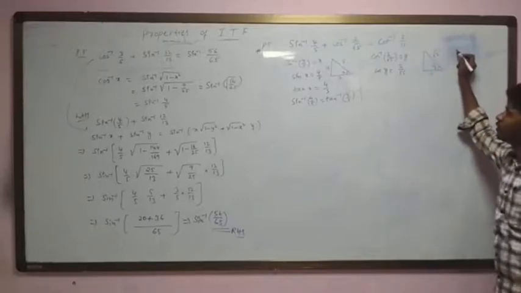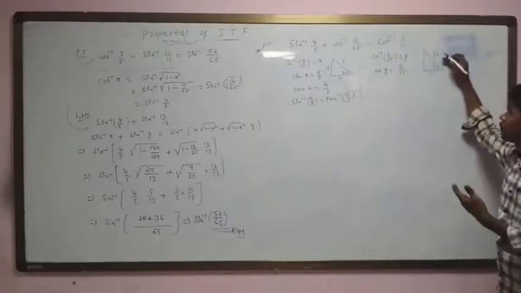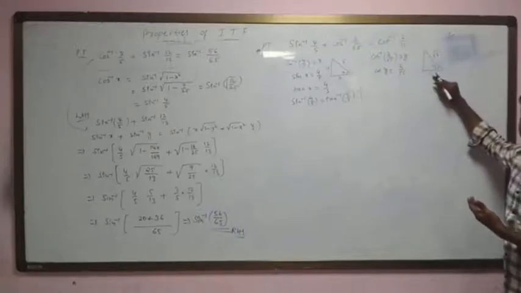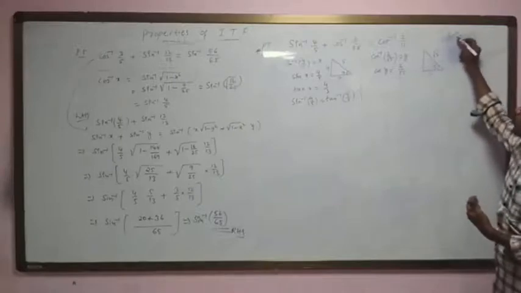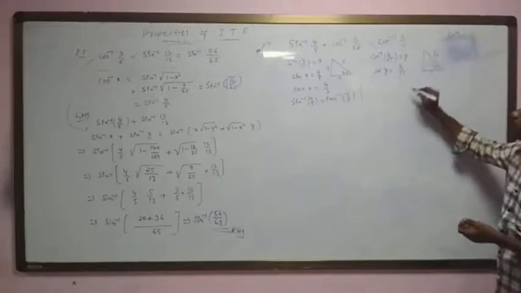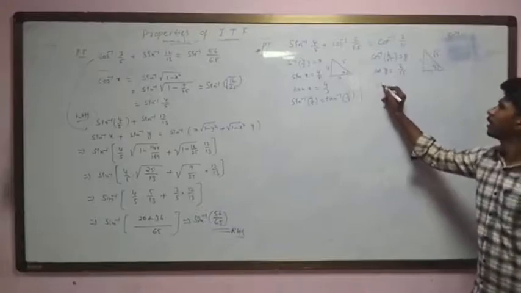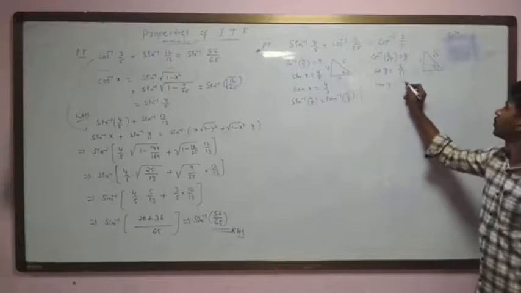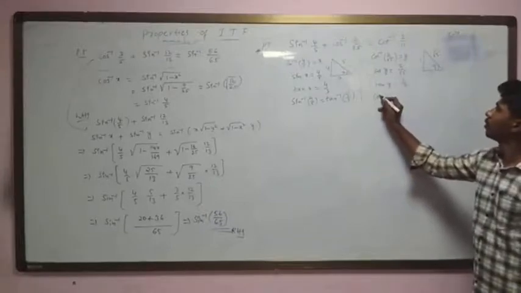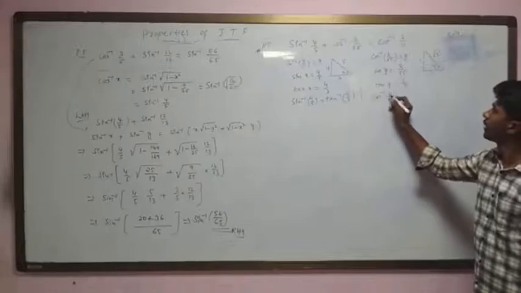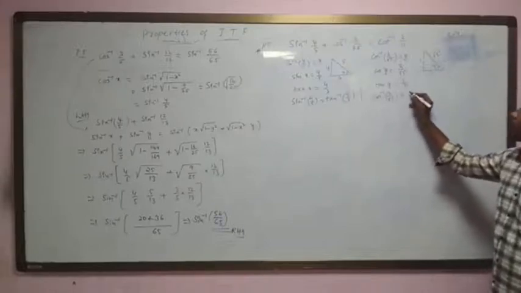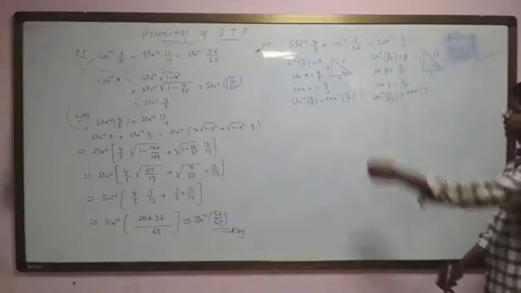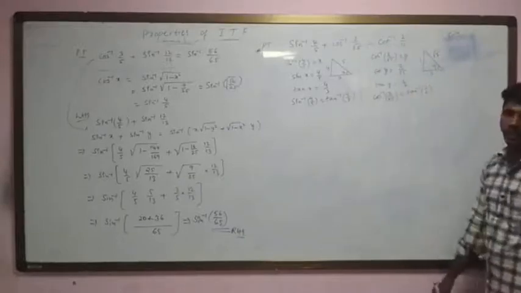What about the opposite side? It is hypotenuse square, root 5 square is 5, minus side square 4, 5 minus 4 is 1, root 1 is 1, so I got 1 here. Then what about tan y? I get tan y as 1 by 2. Therefore, cos inverse of 2 by root 5 can be written as tan inverse of 1 by 2. So substitute these two and then simplify.